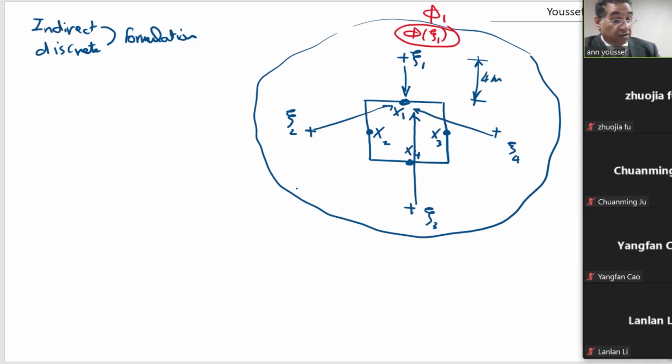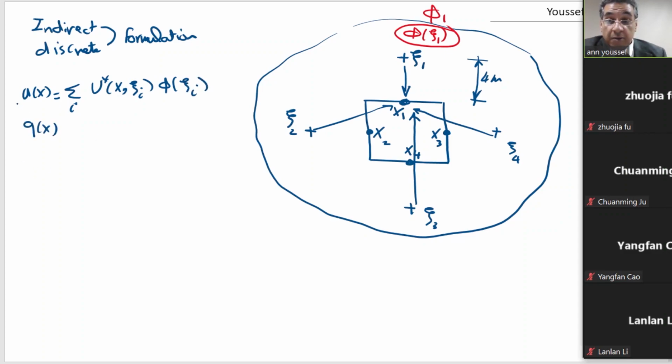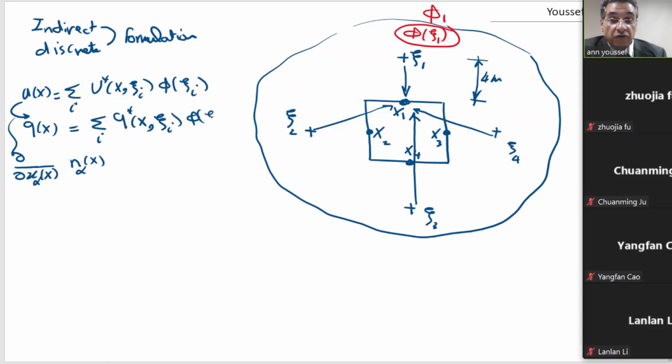Straightforward. We can write U of x equal to the summation over the sources, I going from 1 to 4, of the fundamental solution between x and xi I times the phi of xi I. And the same for Q of x: if I differentiate this with respect to x alpha of x and then multiply by n alpha of x, it gives me directly, by superposition, the summation of q asterisk of x and xi times the phi of xi.